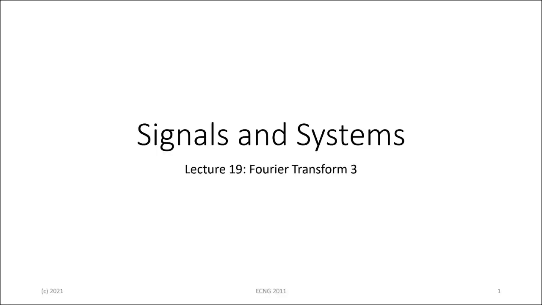When we last ended, we were talking about the Fourier transform, and we had looked at the properties of certain test signals that we use a lot, starting with the impulse.